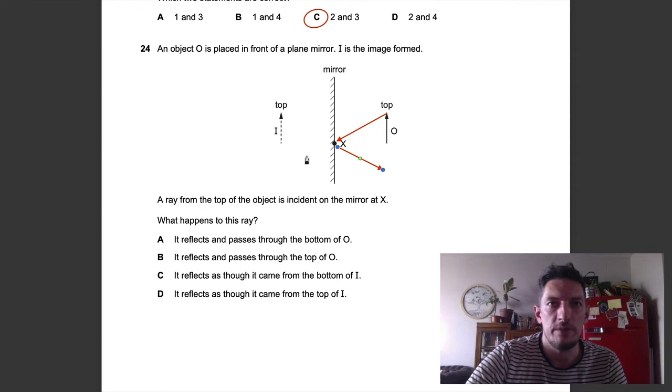Remember, this is a virtual image. Light doesn't actually go here. There's nothing back here. Light doesn't go through this thing. Your brain imagines that there's something there, but there's actually nothing there. So, okay, let's see here. It reflects as if it came from the top of I. Yeah, that's correct.